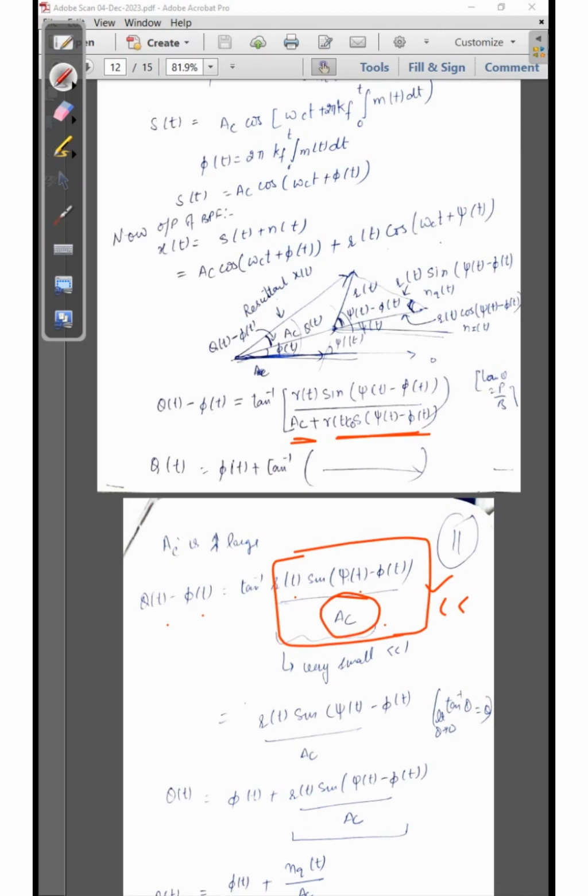When this is small, tan inverse of theta, with theta approaching 0, equals theta. So I can remove the tan inverse from here and write r of t sin(psi of t minus phi of t) by Ac equals theta of t minus phi of t. Correct?